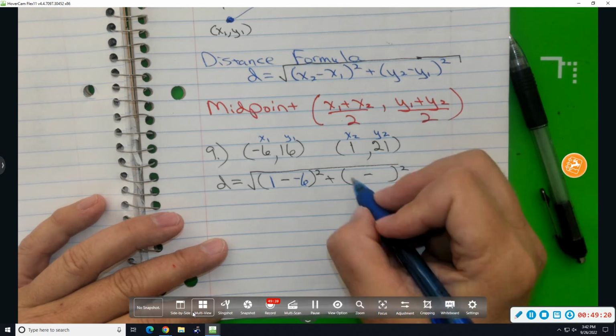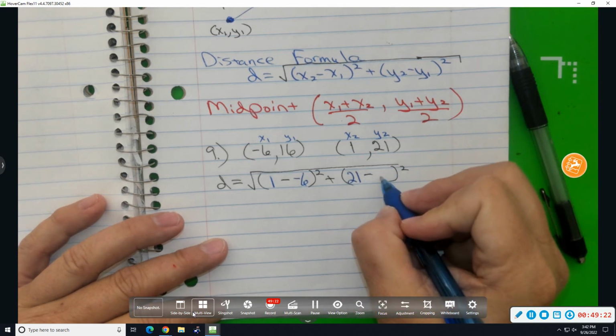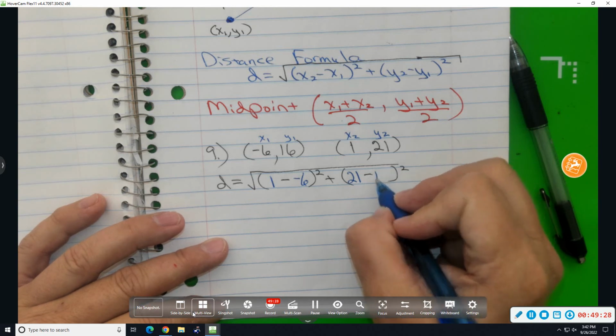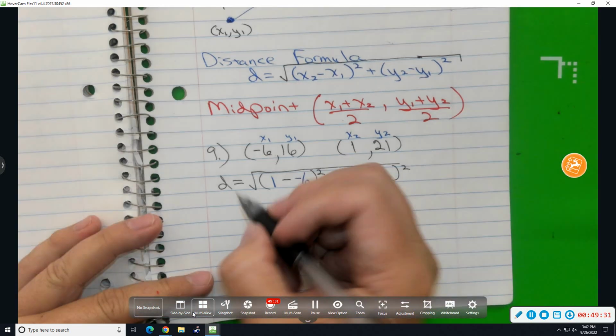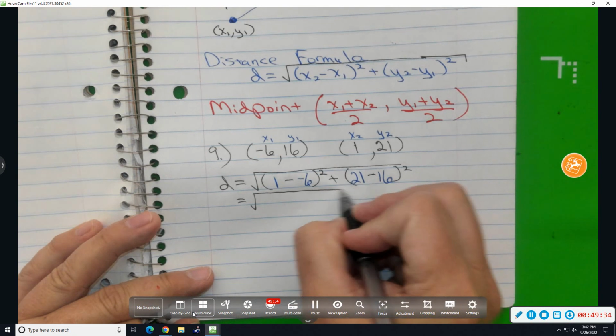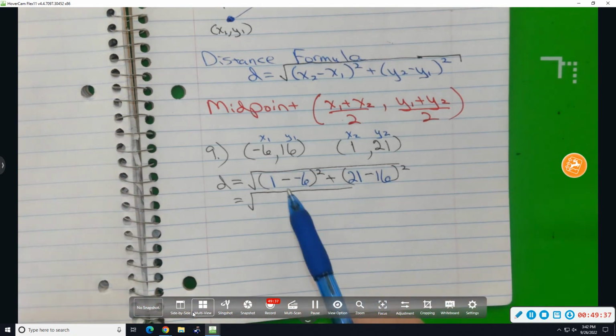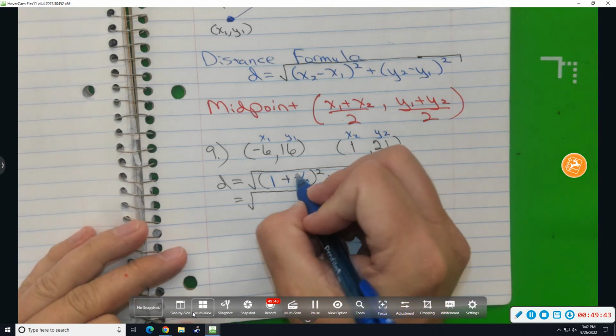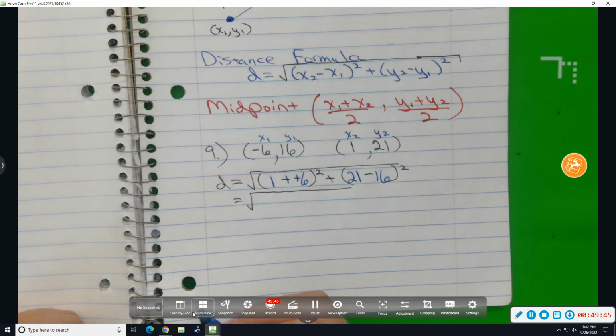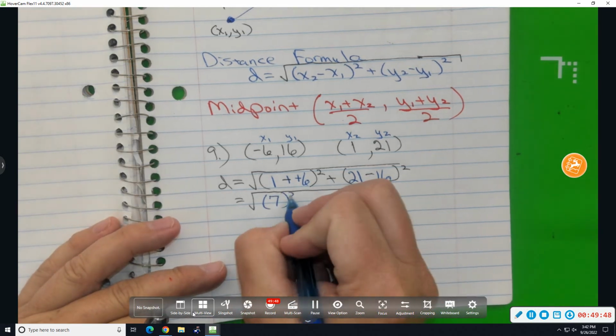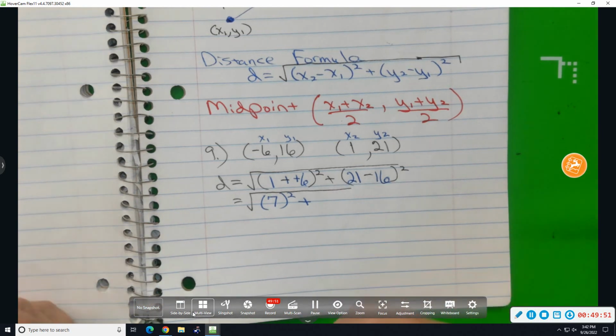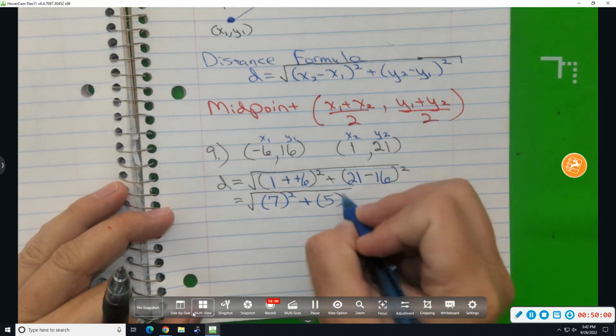So we have a 21 minus 16. So continuing. Be careful, what's this 1 minus -6? That's a 1 plus 6, which gives me a 7 squared plus 21 minus 16. What's that? Oh, that's 5. So 5 squared.